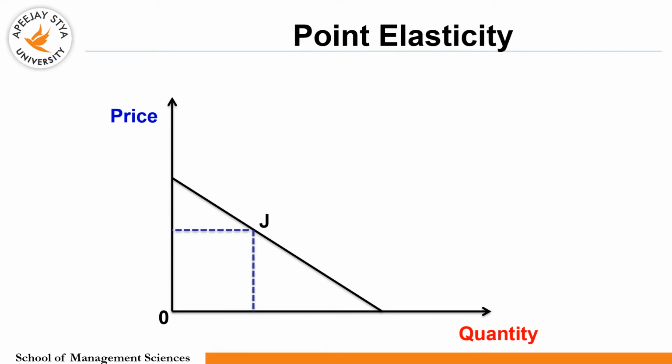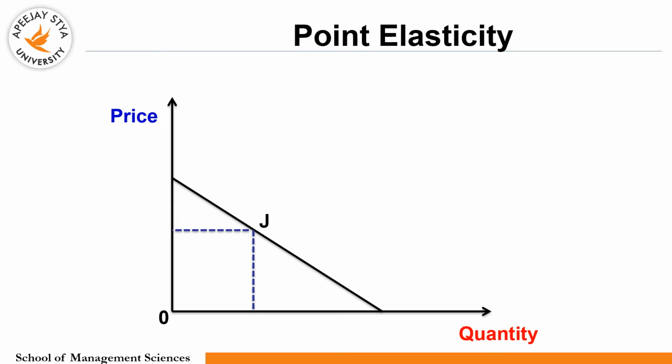Another method of measuring the price elasticity of demand on a demand curve is point elasticity. Point elasticity is the elasticity of demand at a finite point on a demand curve, for example, point J in this graph.